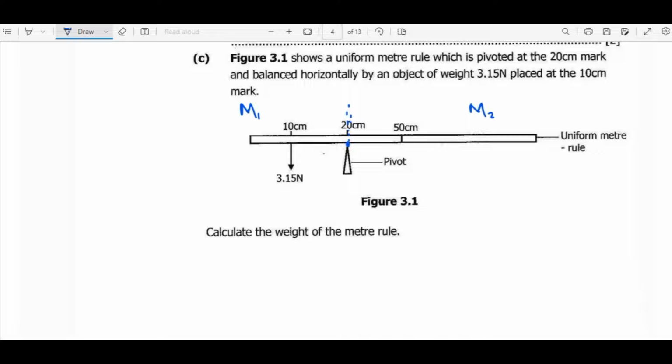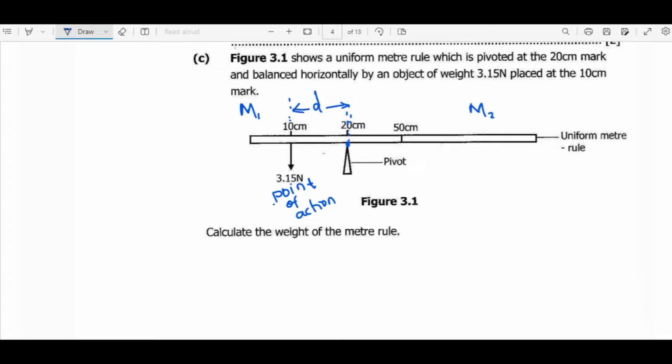Then we have the point of action. The point of action is the point where the force is, in our case where our 3.15 newton is. Whenever you are getting the distance, you get it from the pivot up to the point of action, so this is our distance 1.